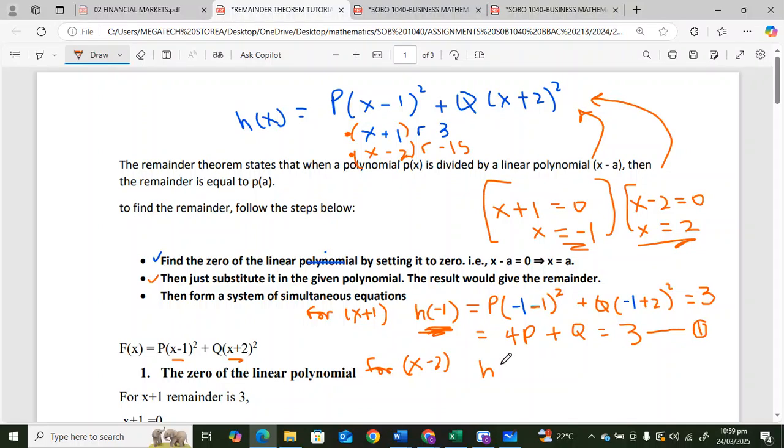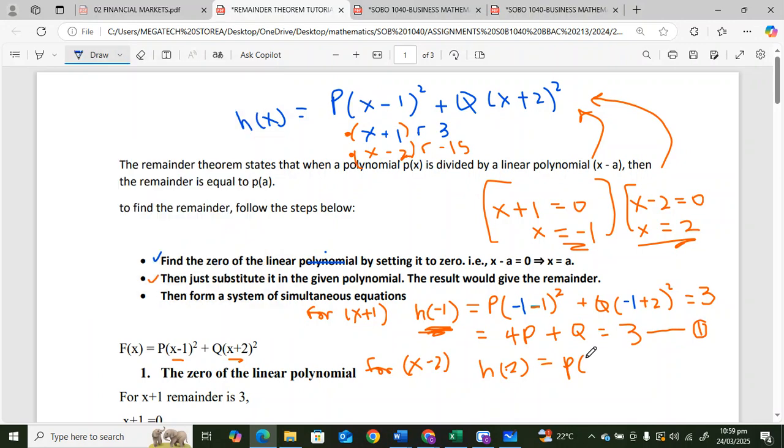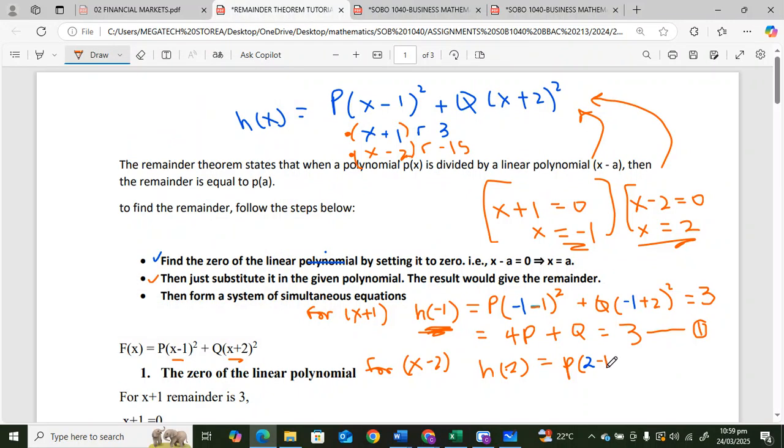So I'm going to say when h open brackets +2 equals, we're going to say p open brackets, where there's x here, substitute it with 2 minus 1 squared plus q open brackets.